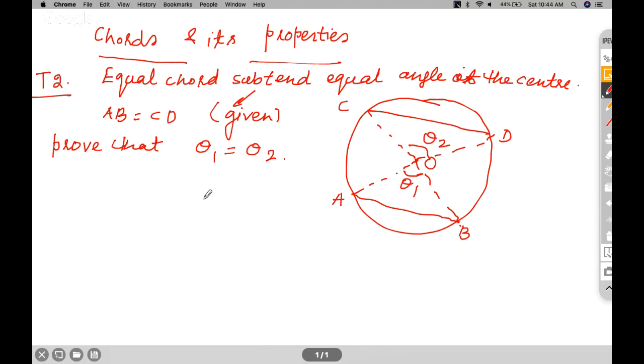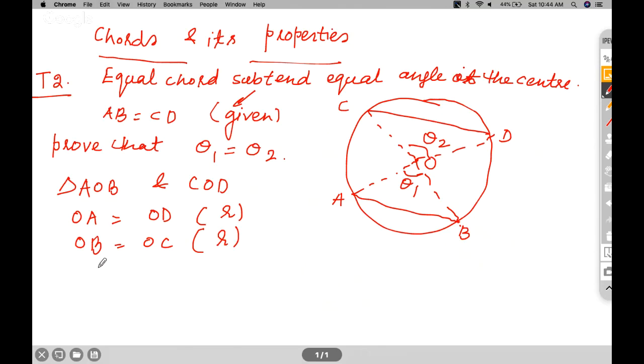Now what I do is, try to understand, I take two triangles, triangle AOB and triangle COD. I know OA is equal to OD. Why? Because they are radius. OB is equal to OC. Why? Because they are radius. And AB is equal to CD, which has been given to me. It means that I have side side side congruency.